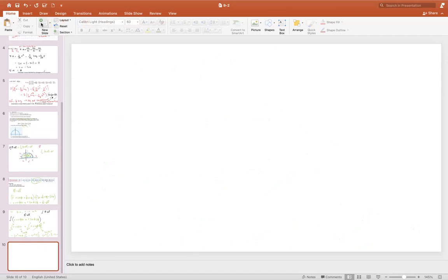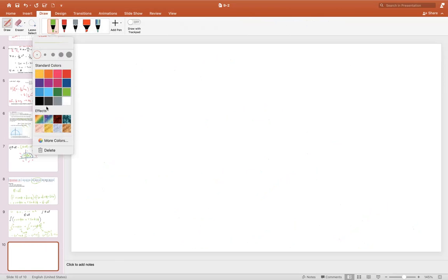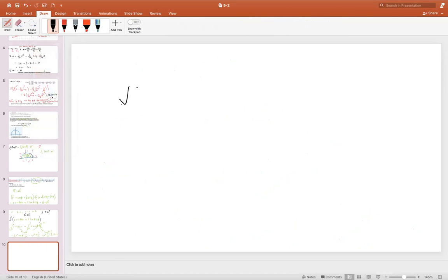Let's think about this again for a second. Let's integrate x dx, but let's go from 1 to 1. Let's see what happens. We're going to get 1/2 x squared, from 1 to 1.